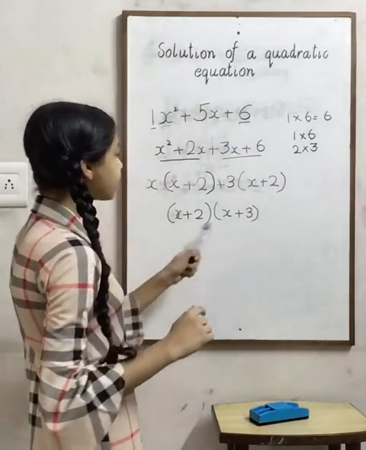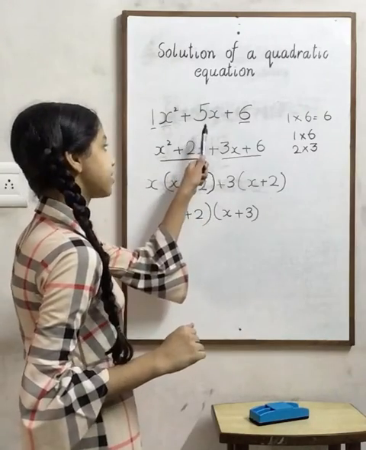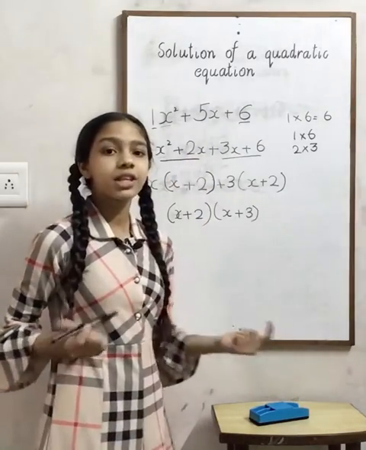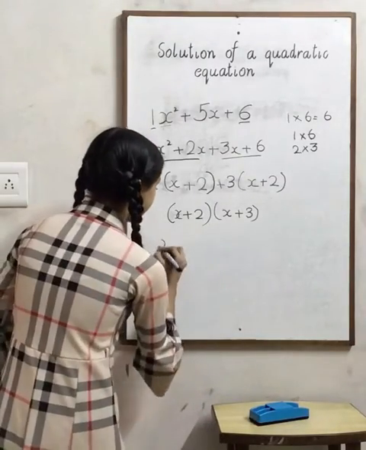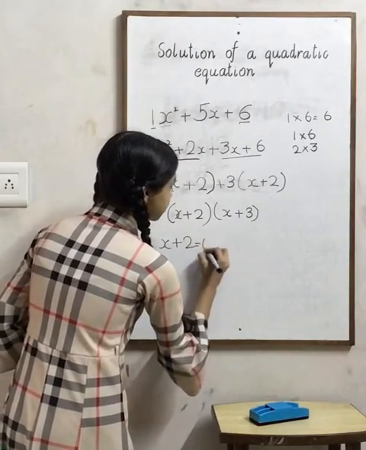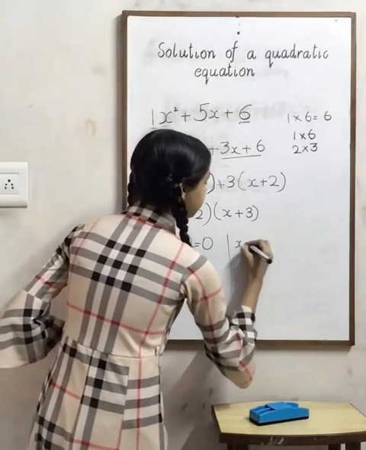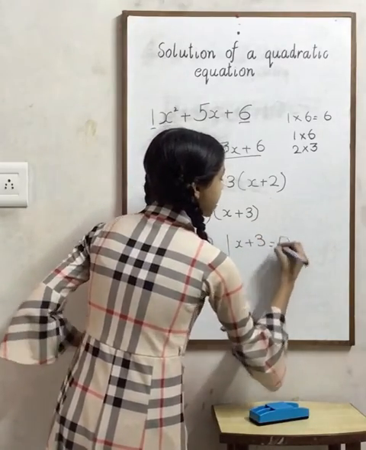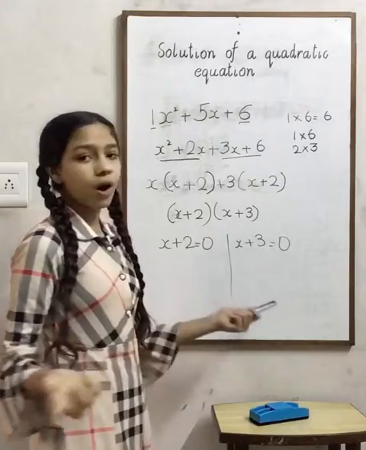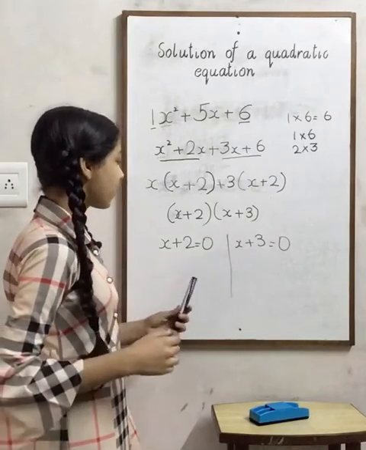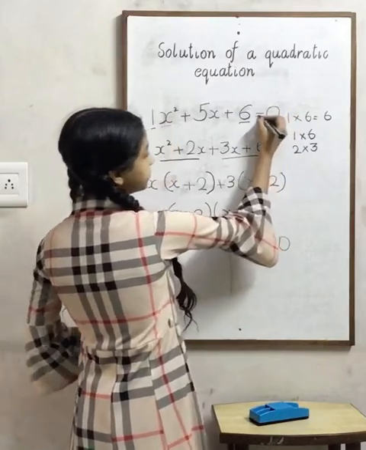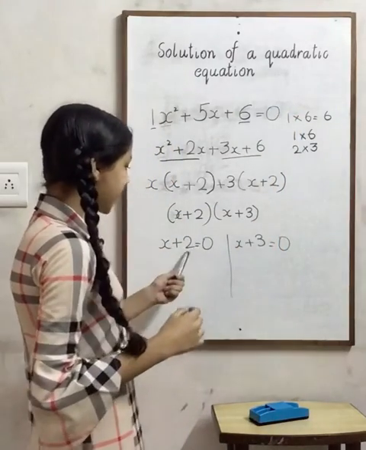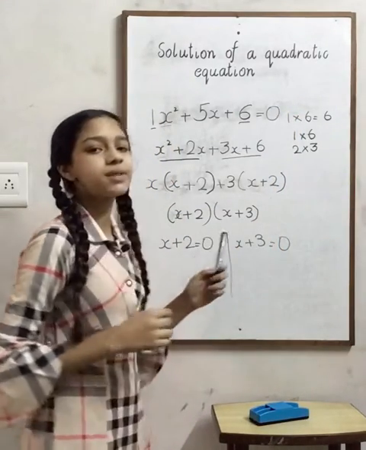So these are the factors of this equation, and now the solution of the quadratic equation can either be x plus 2 equals to 0 or x plus 3 equals to 0, because we know that a quadratic equation is equal to 0. So let's find out. x plus 2 is equal to 0.